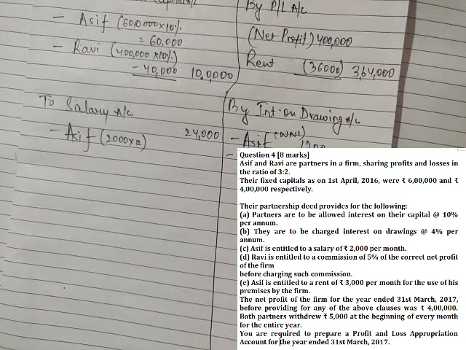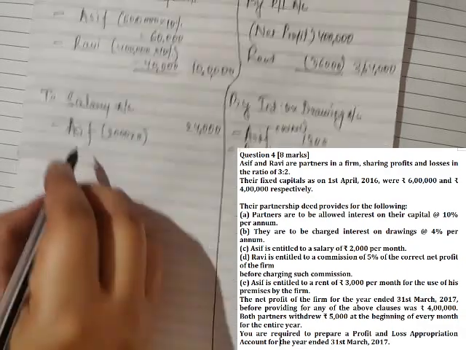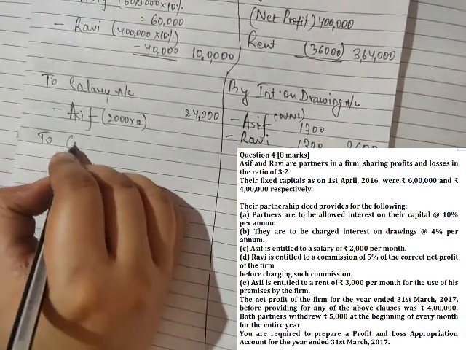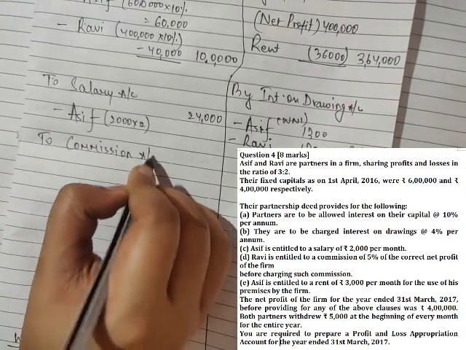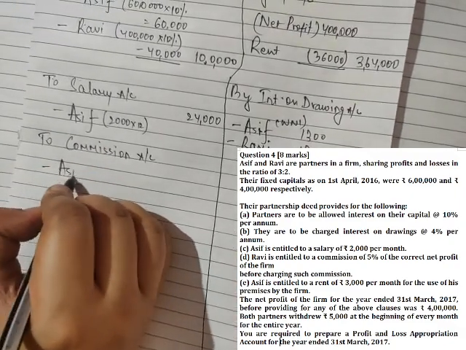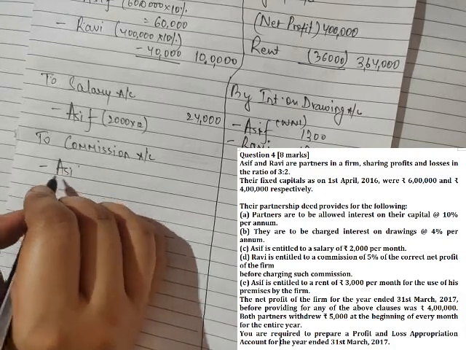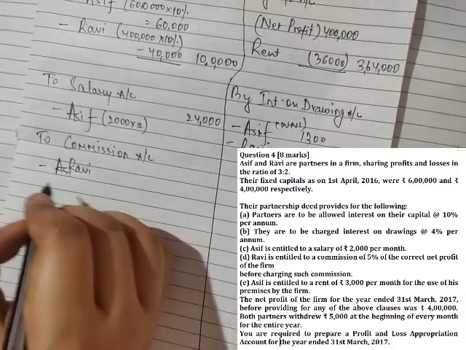Next, it is given that Ravi is entitled to a commission of 5% of the correct net profit of the firm before charging such commission. So, to commission account, Ravi.